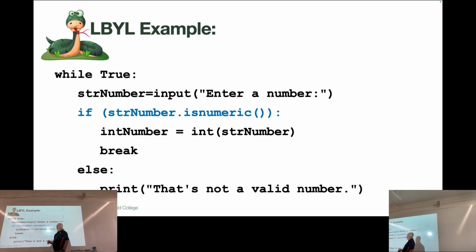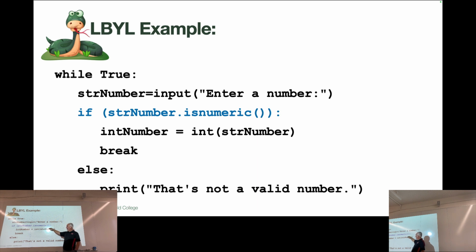But we know that if they enter something non-numeric, it's going to cause an error when we try to convert it to an integer. So before that, we're going to take that whole string and ask, is that numeric? Because if a string is numeric, it's likely to be okay to convert to an integer. So we're checking before we do the conversion.